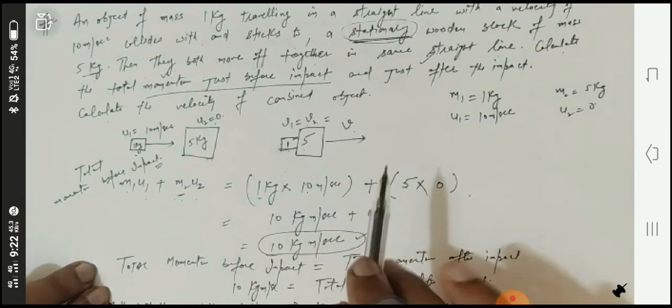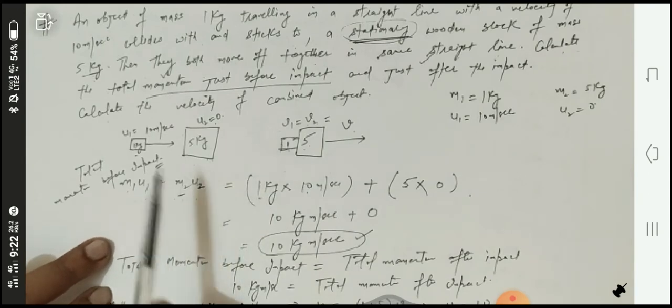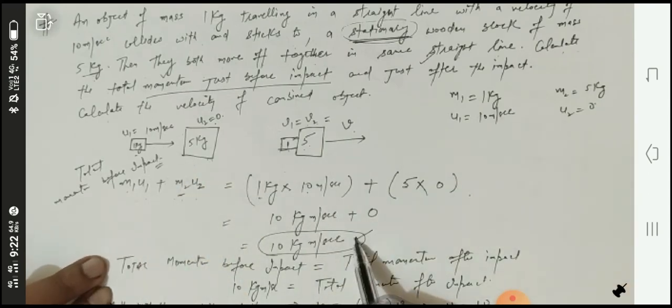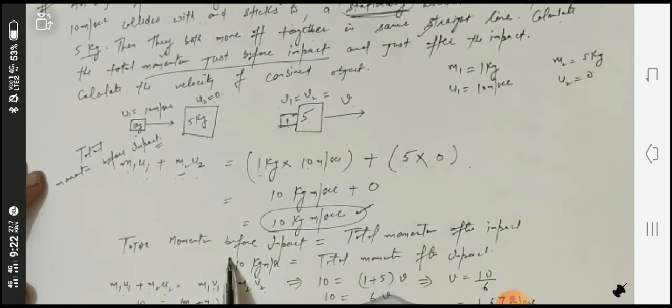So total momentum before collision is m1u1 plus m2u2. Just put the values. The answer is 10 kilogram meter per second. And we know that according to the law of conservation of momentum, the total momentum before collision should be equal to total momentum after collision. So the total momentum after collision is the same, 10 kilogram meter per second.